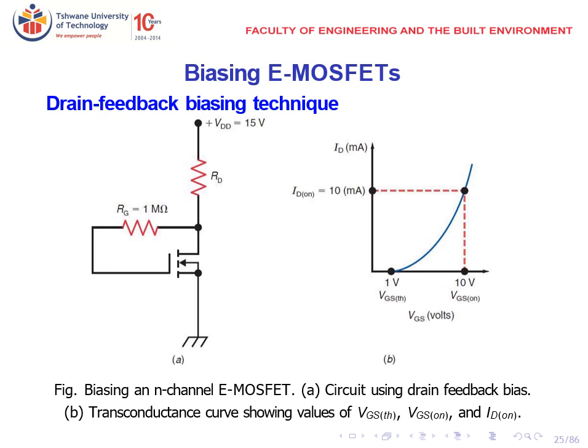The biasing of an E-MOSFET, drain feedback biasing technique. A shows us the circuit using the drain feedback bias, and then B shows us the transconductance curve showing the values of VGS threshold, VGS on, and ID on.